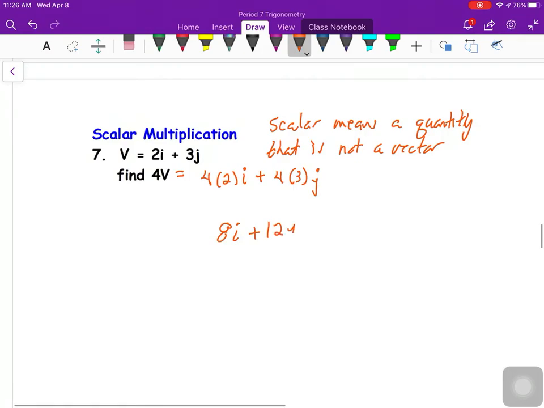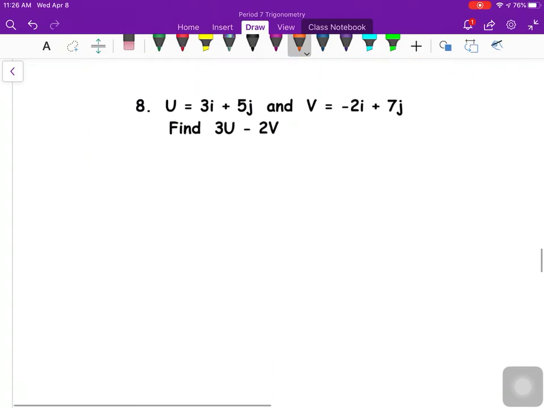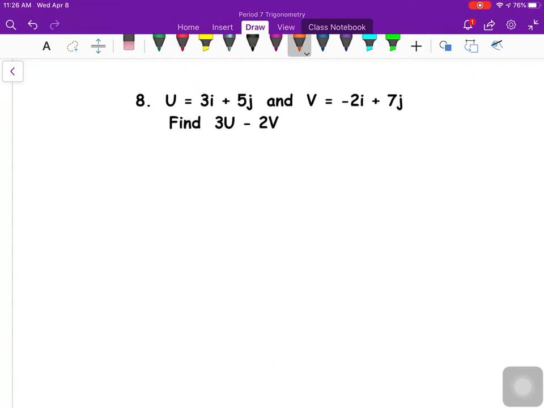So 4 times v would be 4 times 2 in the i plus 4 times 3 in the j. So I get 8i plus 12j. You just essentially distribute the scalar.